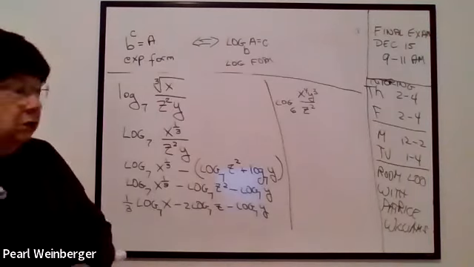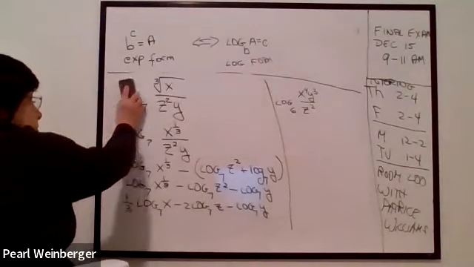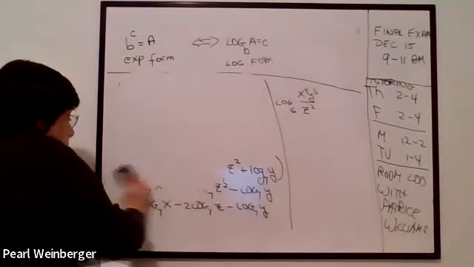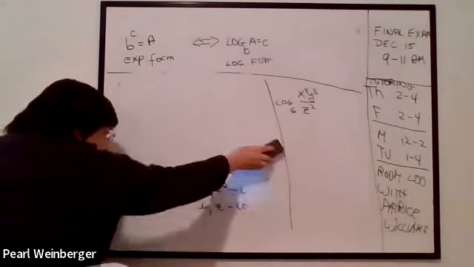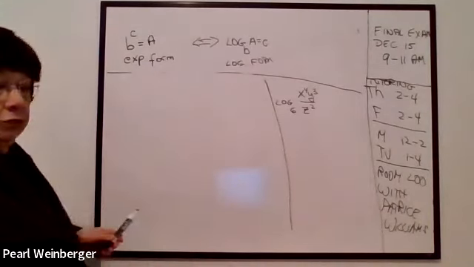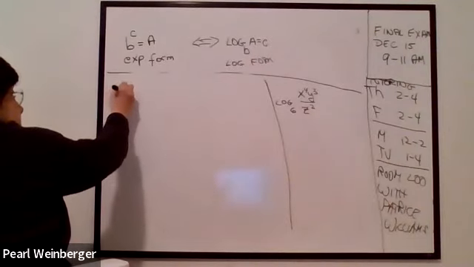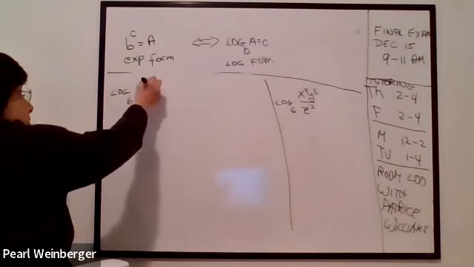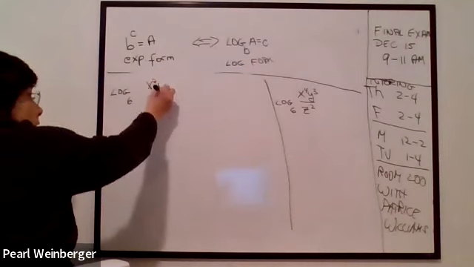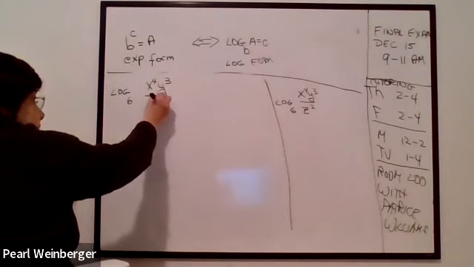Okay, let's see if we can do this together. I'm going to erase this so I can do the problem. So we have log base 6 of x to the fourth, y to the third, divided by z to the second power.